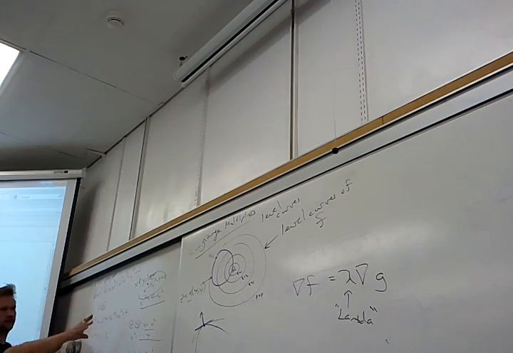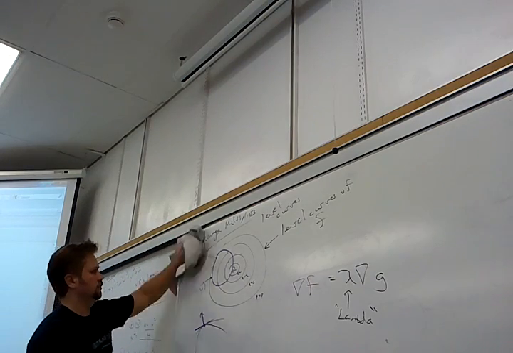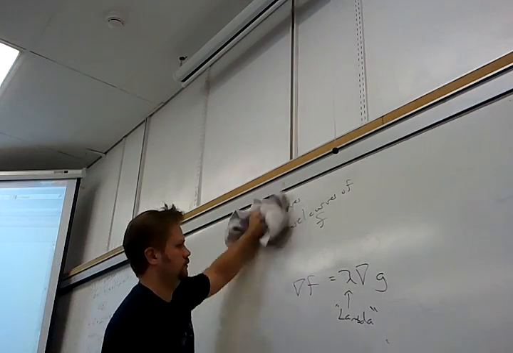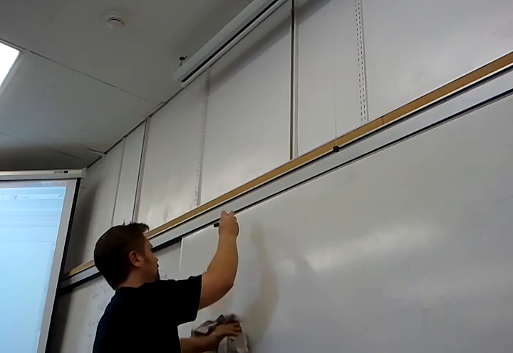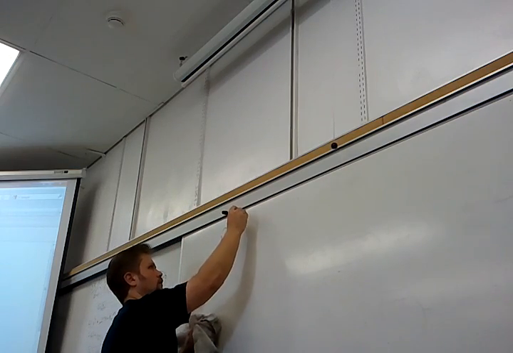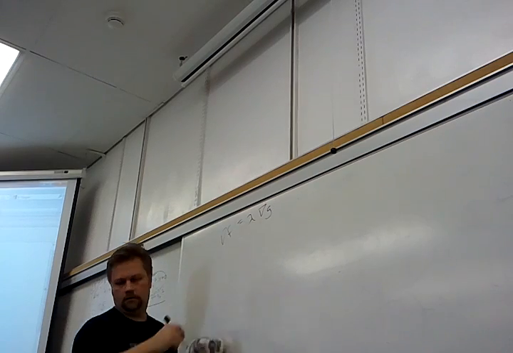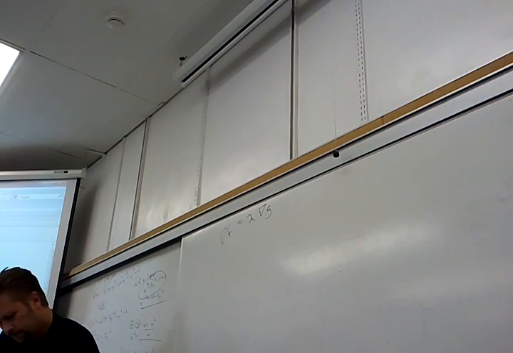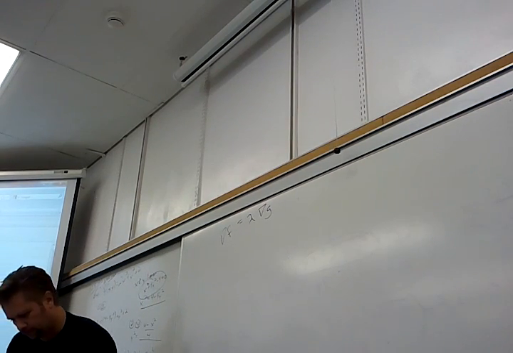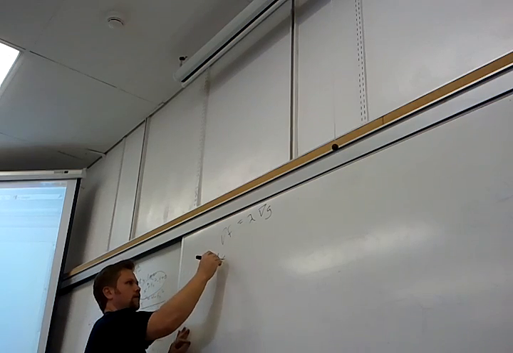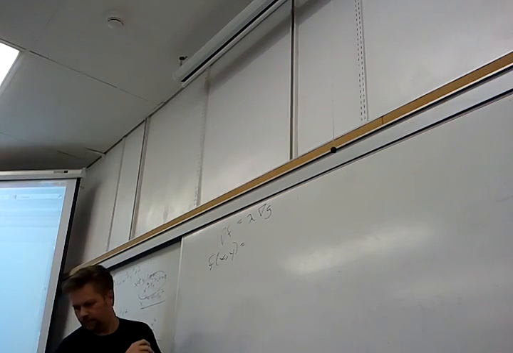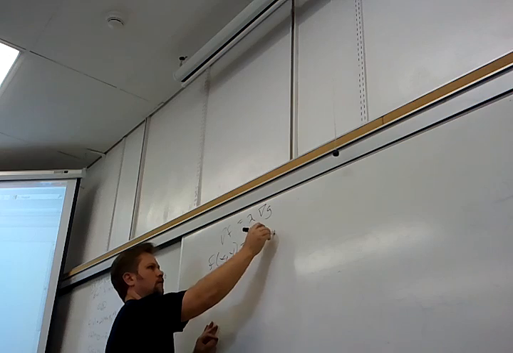So let me see. I want to leave this up here. I want to take this away. There we go. And doing it with this here, it's the same one we just did a second ago.